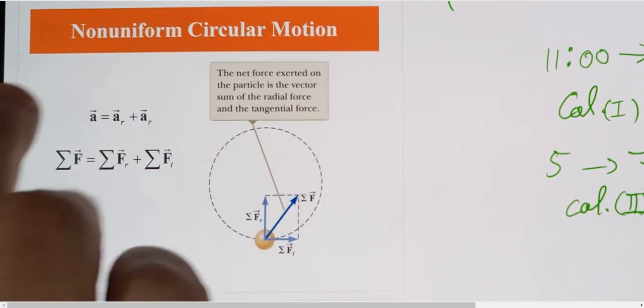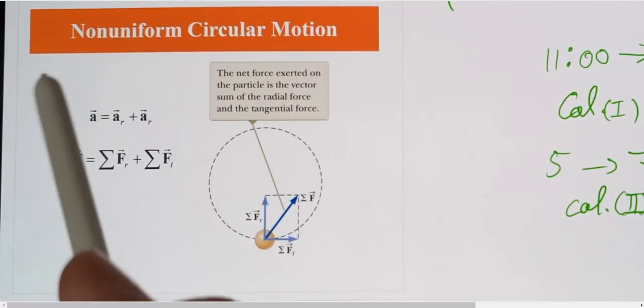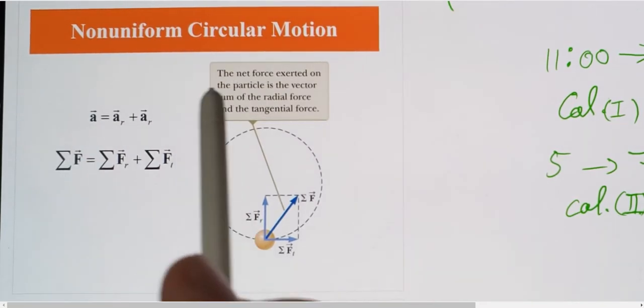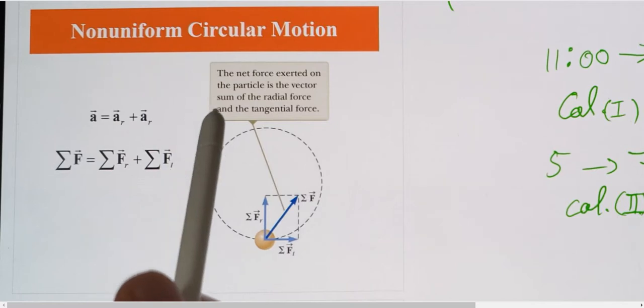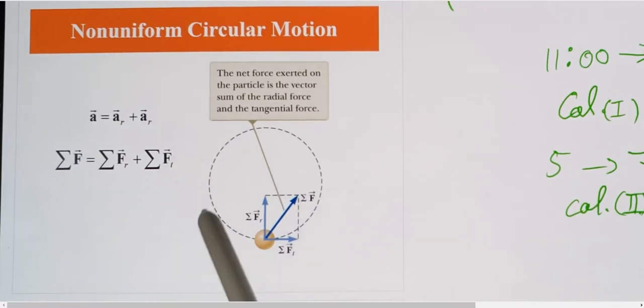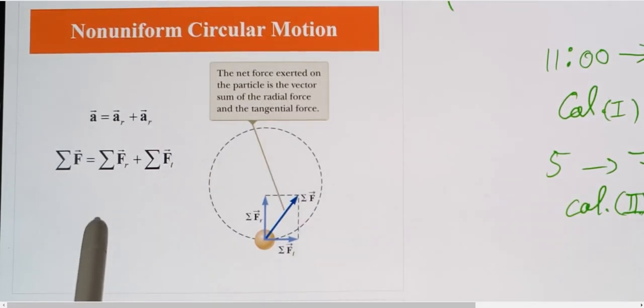We finished last time a motion in uniform circular motion, or Newton's laws on uniform circular motion. Now we add a little more complications. What is that? Well, non-uniform circular motion. When we say non-uniform circular motion, that means the speed will change.